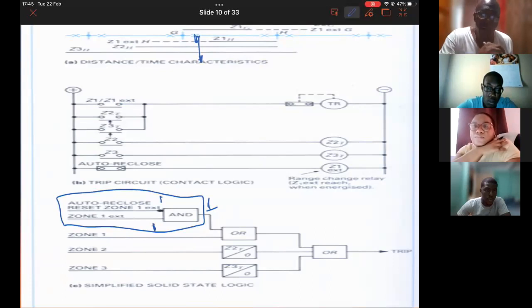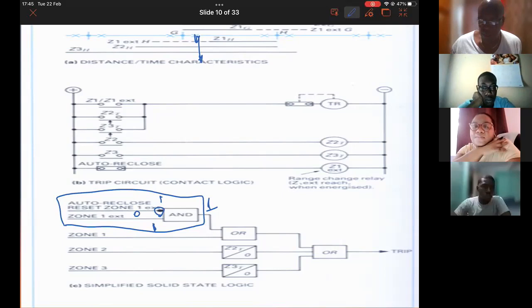But that would have occurred because I would have gotten nothing from the autoreclose. So I would have had a 0 at this point, but this is a NOT gate into the AND. So with the 0, I would get a 1. So you have 1 and 1, and that would cause the instantaneous trip from H. And I would also have had an instantaneous trip from G.